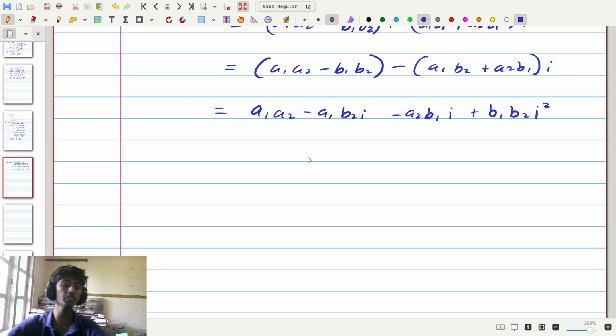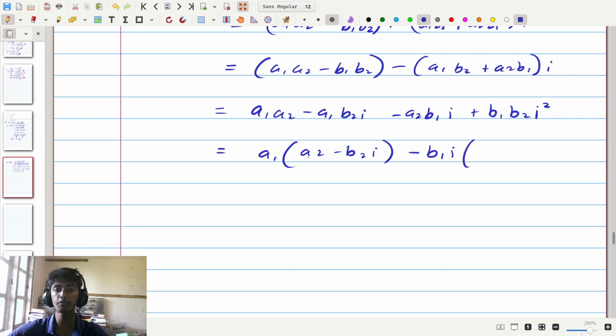Now considering this expression, we can factor out an A1 from the first part, and similarly we can factor out a B1 from the second part and also an i. According to that, we are going to get A1 times A2 minus B2i, and if we factor out a minus B1i, we're going to be left with an A2 here, and minus B2 and another i here, so we get A2 minus B2i.